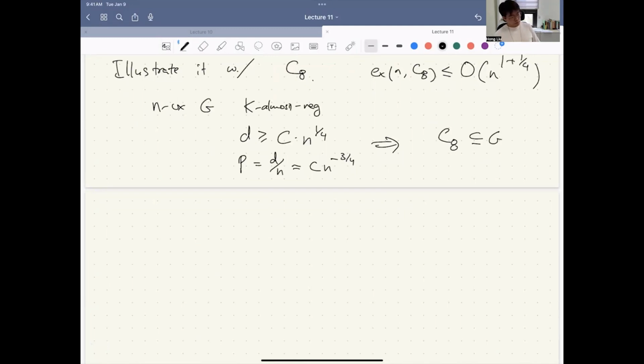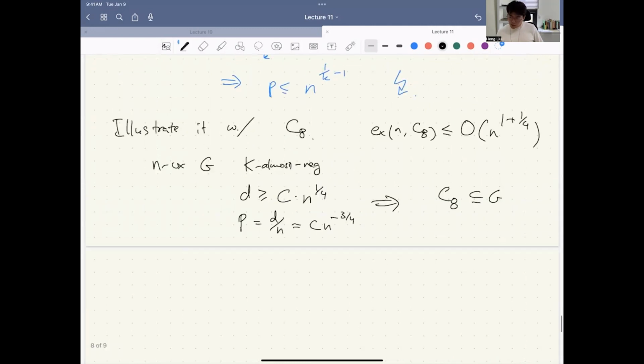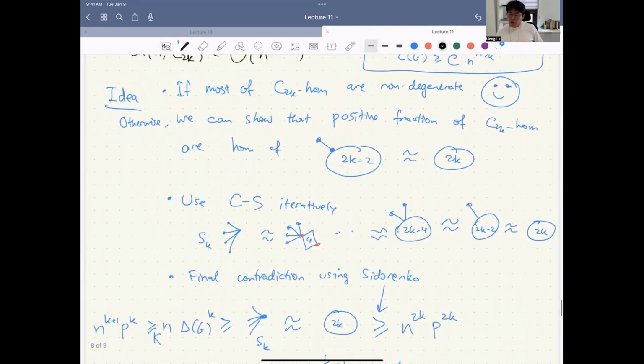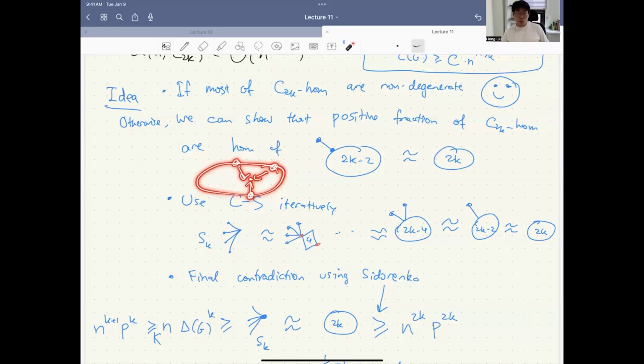As we said in the idea, we assume that all the C2K homomorphisms are degenerate. Among all degenerate ones, consider the largest degenerate copy that identifies 2 vertices, no more. If I identify 3 vertices into 1 vertex, that is an even more degenerate, smaller copy.